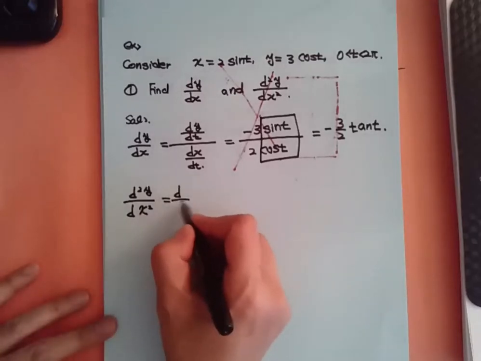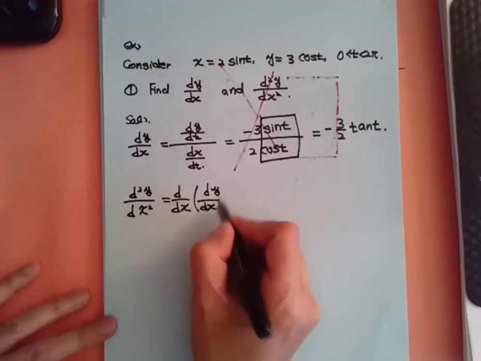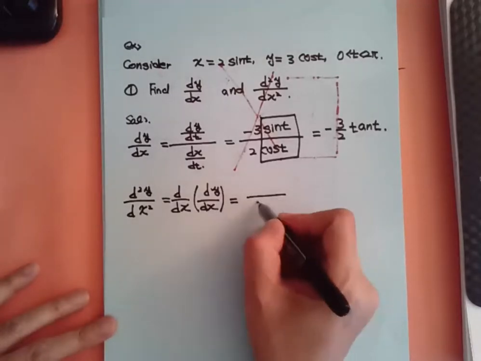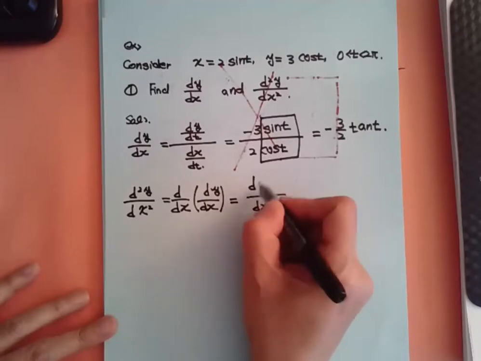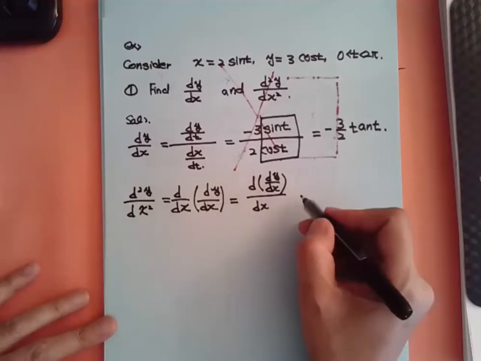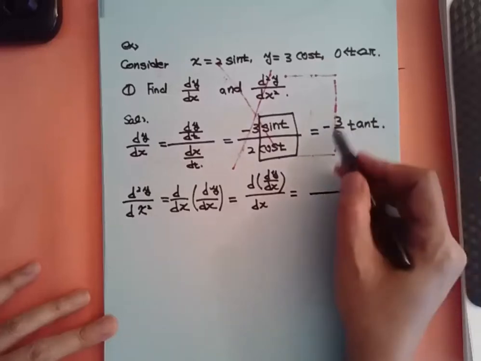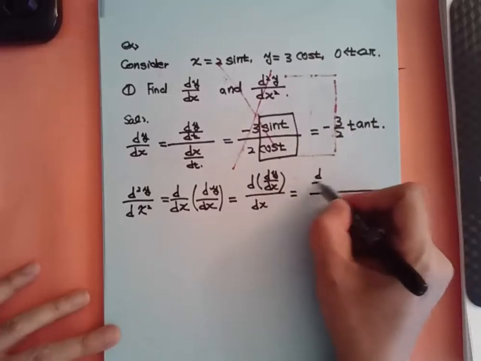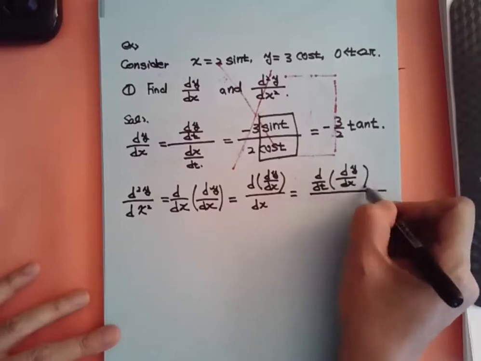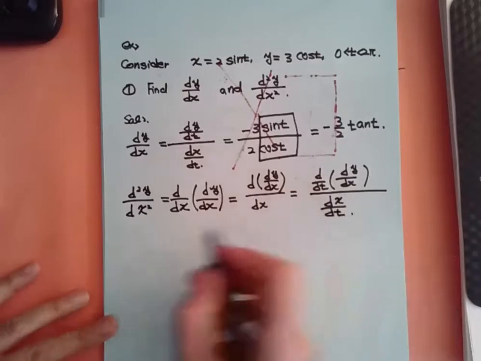The second derivative came from d dx of dy over dx. So dy over dx is a function of t. So d dt, the differentiation of the numerator, and differentiation of the denominator.